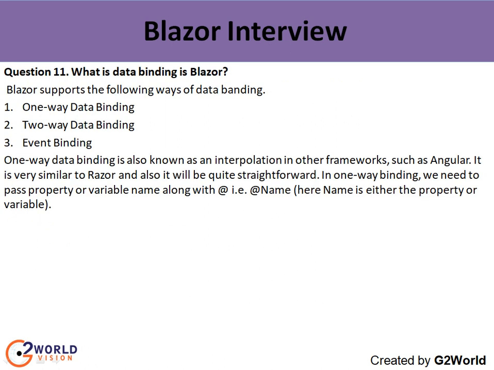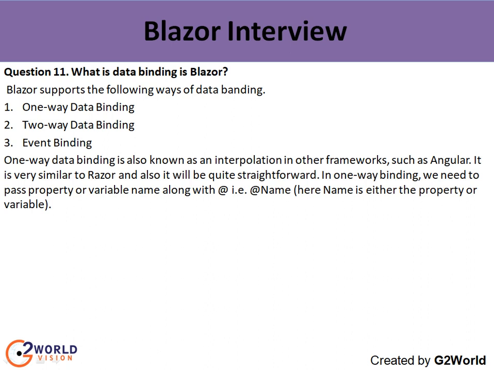Question number 11. What is data binding in Blazor? Blazor supports the following ways of data binding: one-way data binding, two-way data binding, and third, event binding. One-way data binding is also known as interpolation in other frameworks such as Angular.